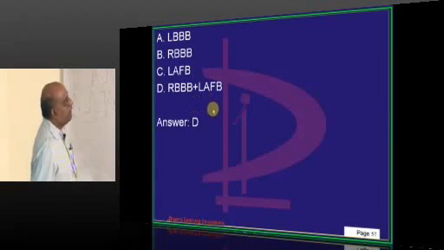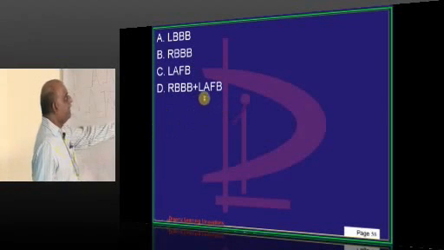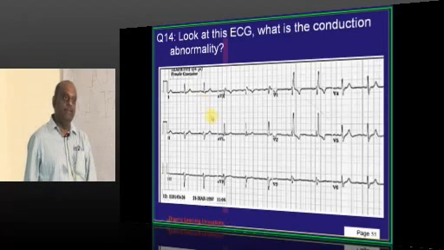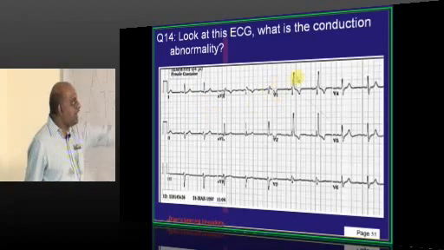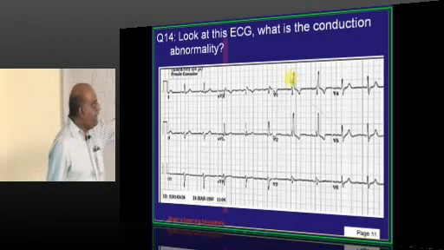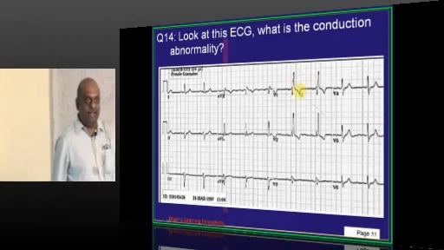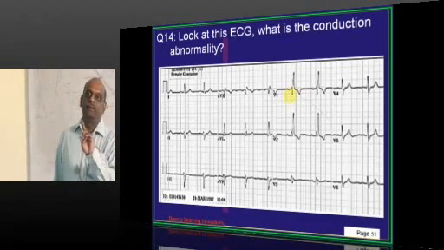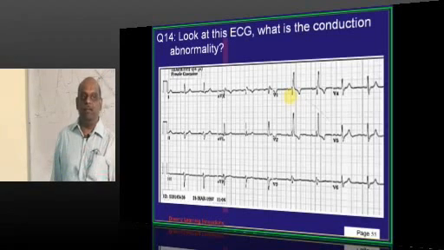So right bundle branch block plus left anterior fascicular block, the combination is what you are seeing. And one more thing: the moment you see an RSR pattern in lead V1, you jump to the conclusion that it is a right bundle branch block.